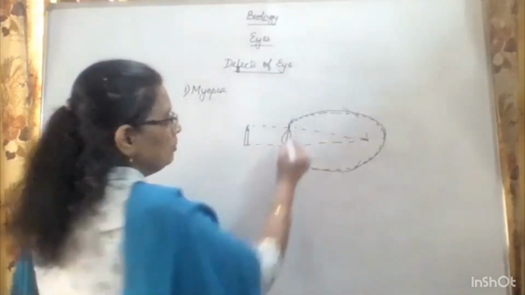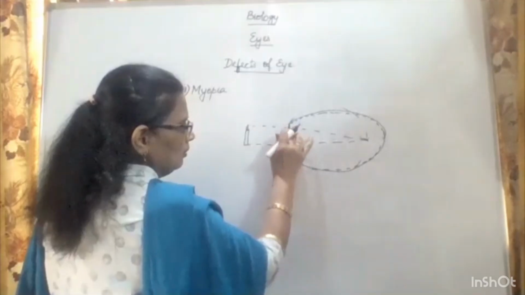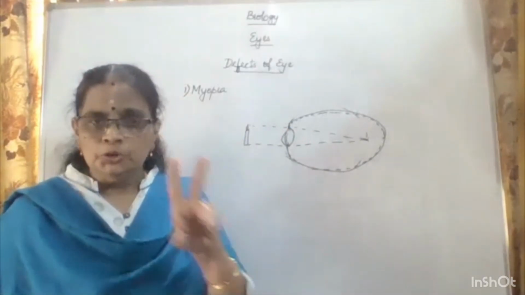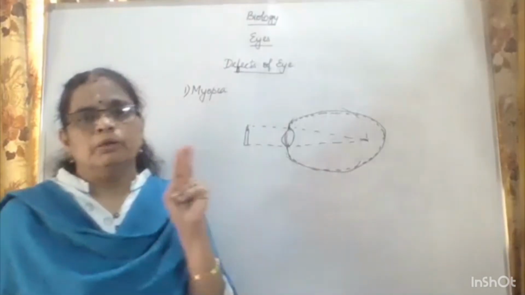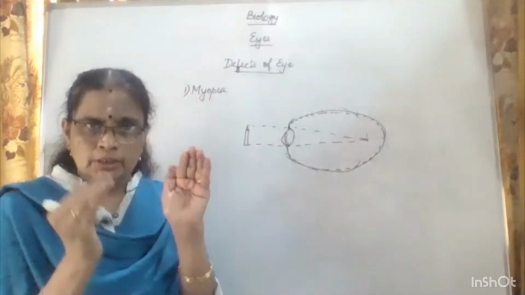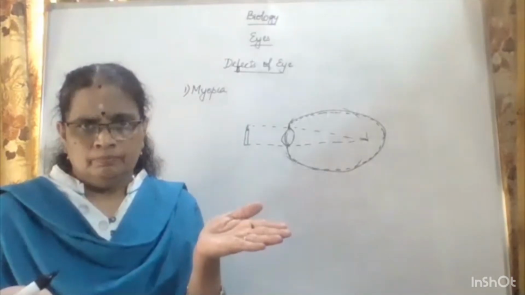And because of this lengthening, the lens becomes more curved. These are the two reasons for myopia. One, the lengthening of the eyeball from front to back. Two, the lens becomes too curved or too bulgy.